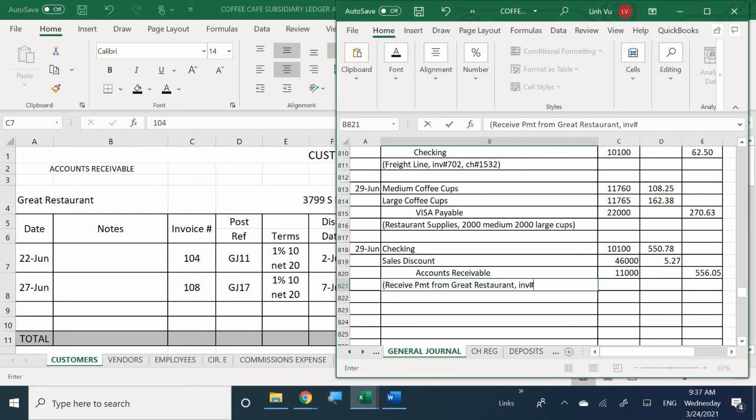Invoice number 104. And what was their check that they wrote us? 4512. Check number 4512. Okay. Excellent. So let's go ahead and plug this into our ledger first, and then we'll plug it into our subsidiary ledger.